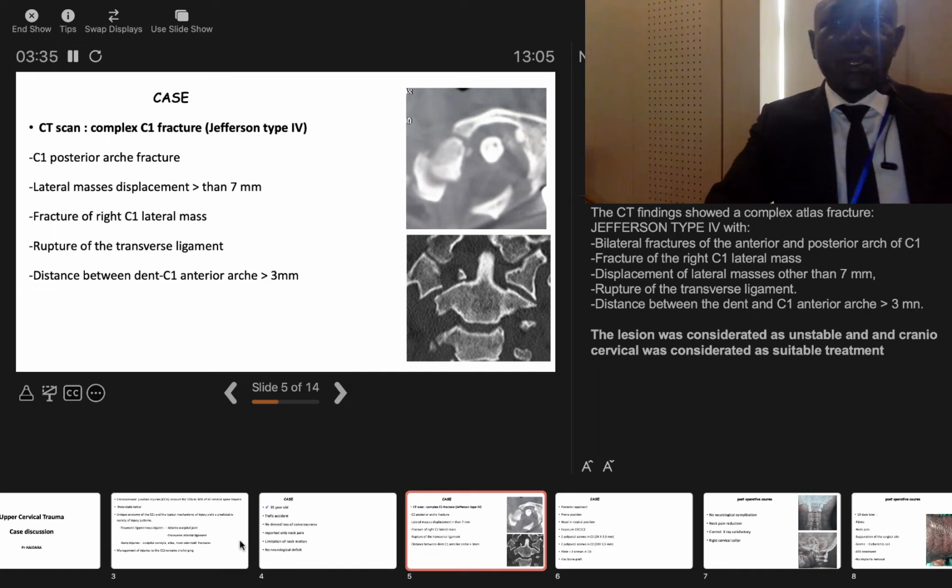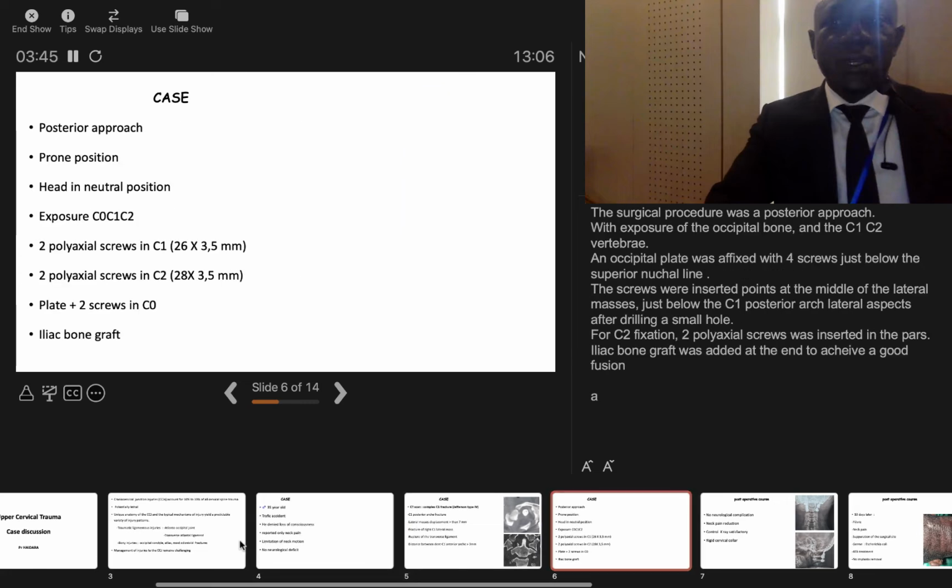The lesion was considered unstable, and a craniocervical fixation was considered a suitable treatment.